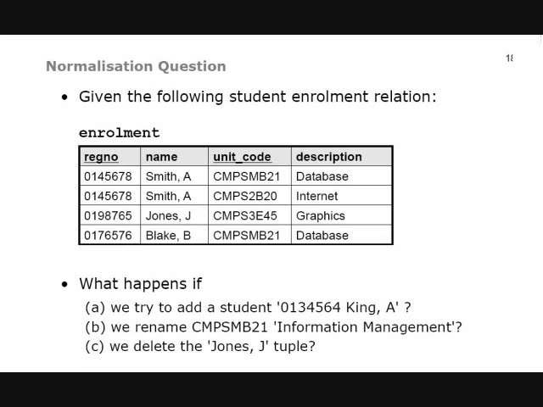So, if I show you that, what are the problems with that particular relation? I have there a relation enrollment, where I have the registration number and the name, the unit code and the description. So what happens if I try to add a student with registration number 013456, King A?